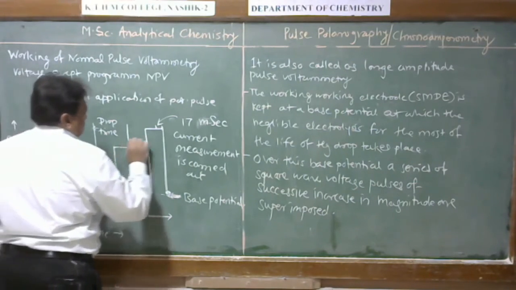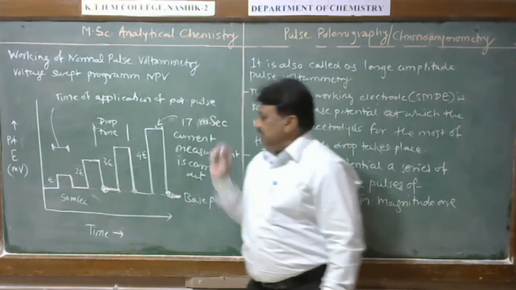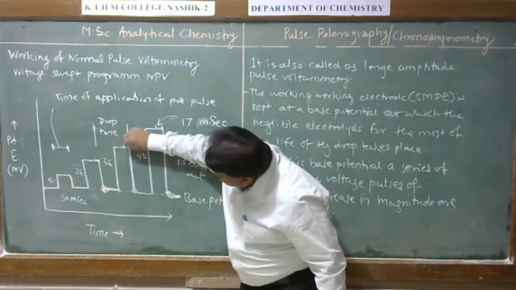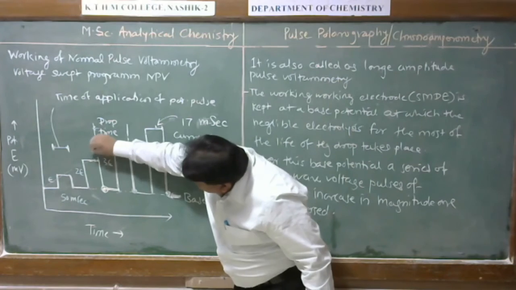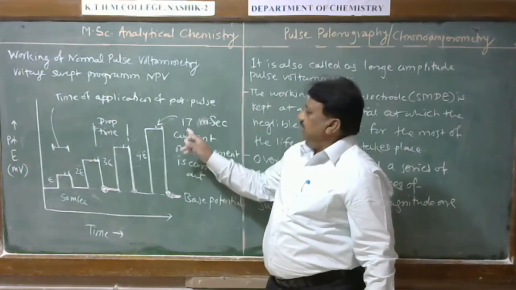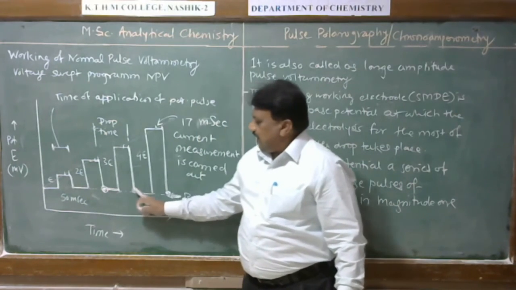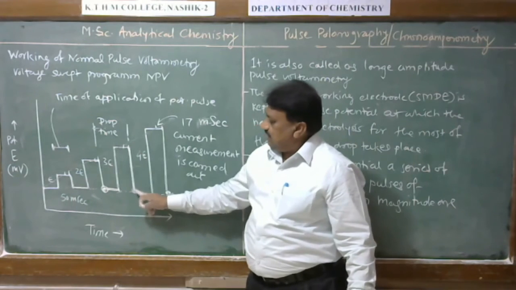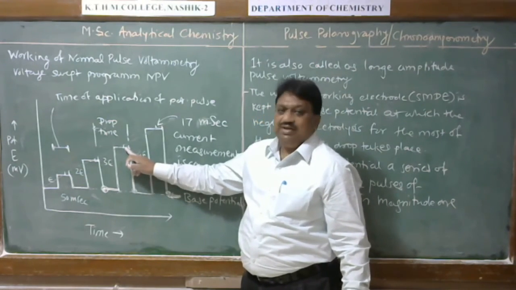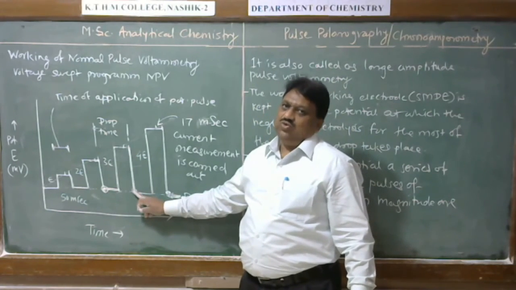Here potential is linearly increases. Potential pulse are linearly increasing, and current measurement is carried out just before the drop falls in this way. Therefore, here two current measurements are carried out. One is here and another is here. That is a 15. Another is 17 millivolt before the drop falls or dislodged into the solution.